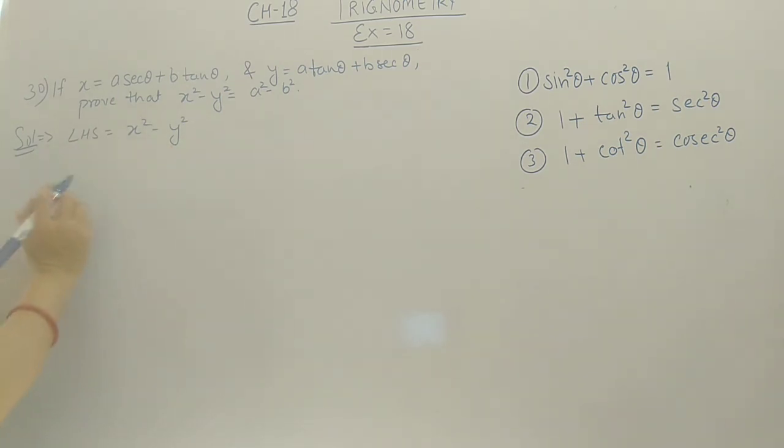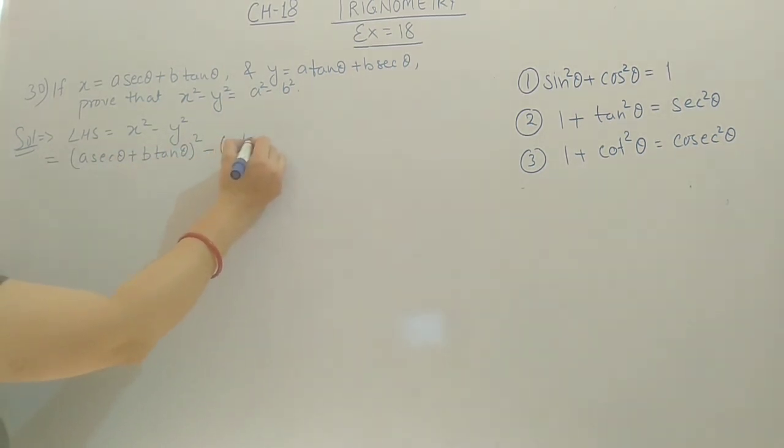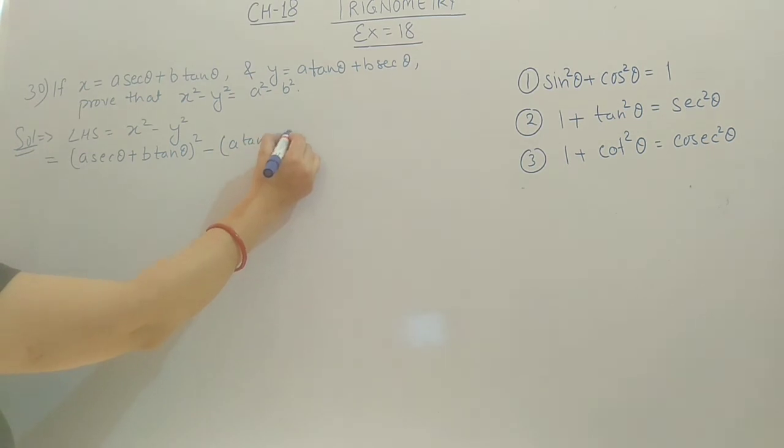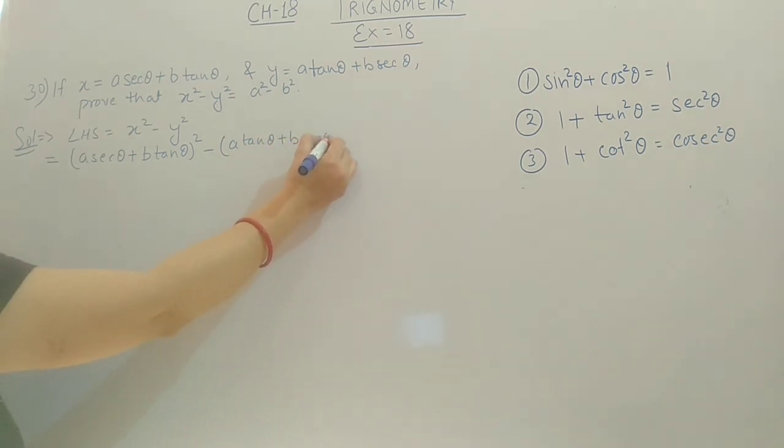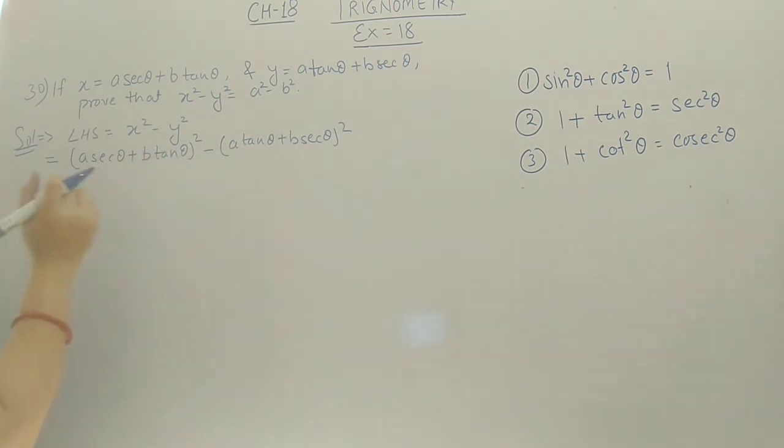So left side we have taken, substitute the value of x: a sec theta plus b tan theta whole square minus a tan theta plus b sec theta whole square. We can use here the formula a square minus b square is equal to a plus b, a minus b. Or directly we can expand it.